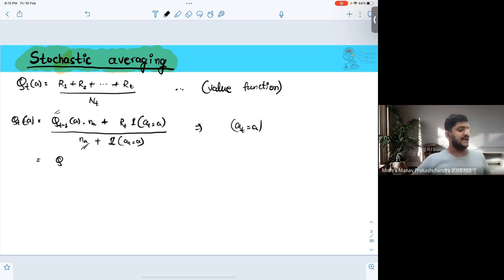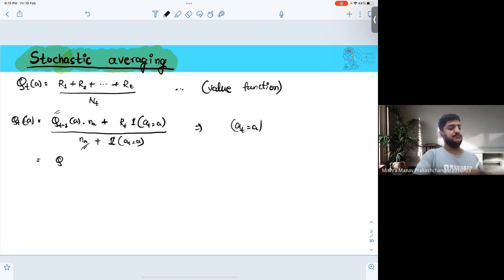Okay, I can write it this way, and this can further be written as Qt minus 1 times, 1 minus 1 upon NA plus 1, plus RT upon NA plus 1. Okay.